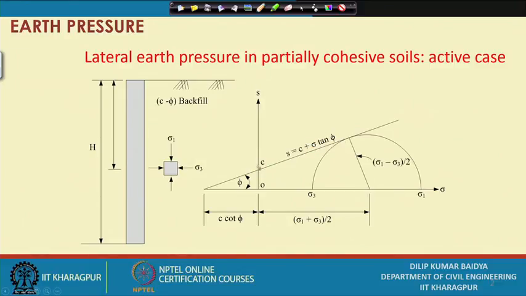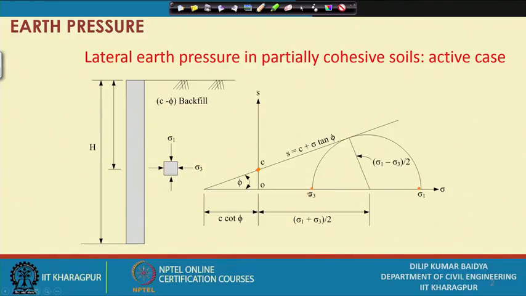It will intersect the shear strength axis somewhere here, and it will be tangential to the Mohr circle at failure. This is the active case I am considering, with sigma 1 and, at the fully active condition, sigma 3.